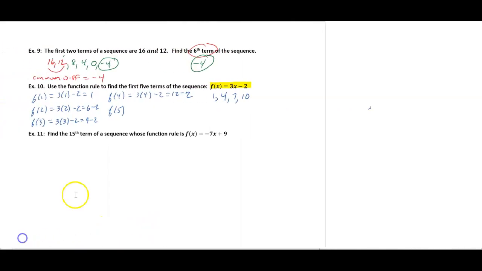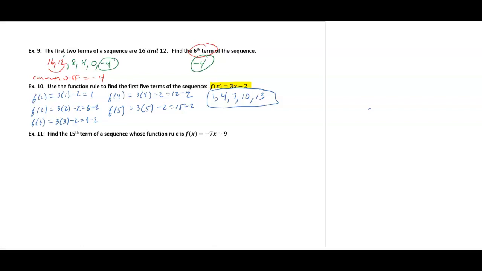And the last one, f of 5. 3 times 5 minus 2 will give you 15 minus 2, which is 13. And right away, that would be the first 5 terms of that sequence.